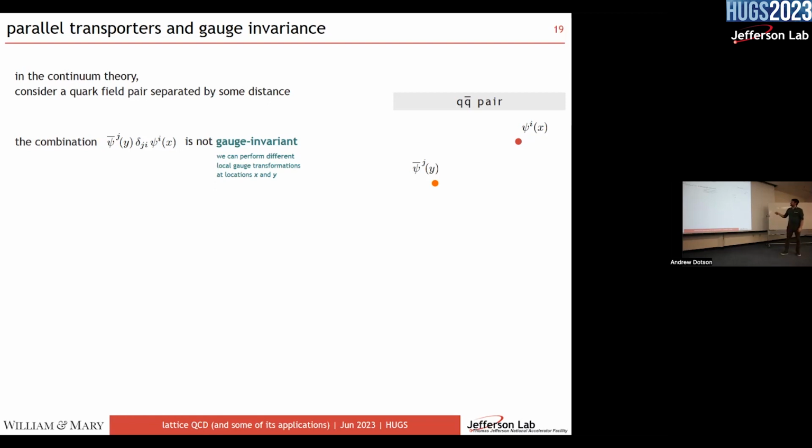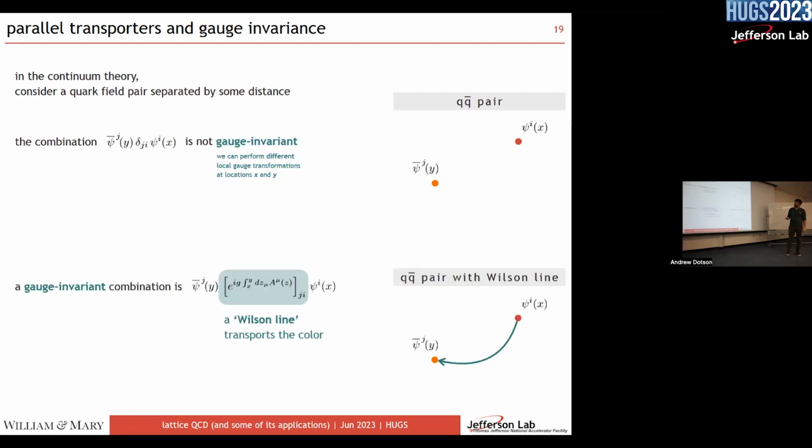So that's not great. But the solution to this is known. You introduce something called a Wilson line. So you connect these 2 points by this sort of weird exponentiation of the value of the gauge field integrated along some path between the 2 points. And if you've taken a class in this, it will be obvious. If you haven't, it'll look weird, but take it as read. This quantity is gauge invariant.